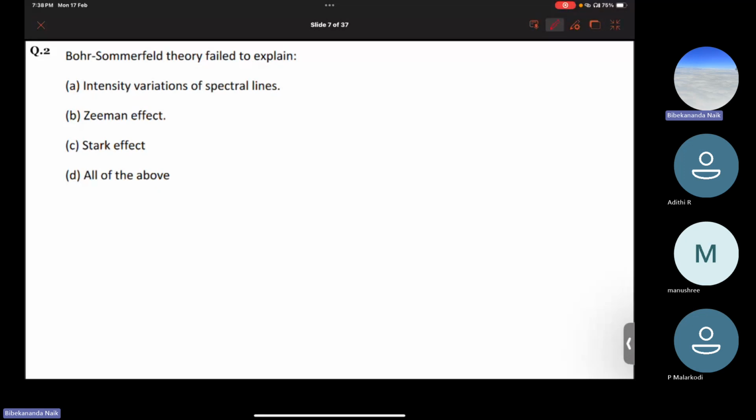Now, if we discuss why it was not able to explain the intensity variation of spectral lines: basically, the variation of intensity of spectral lines depends upon the rate of transition, so how the transitions are taking place and what the rates of transition are.